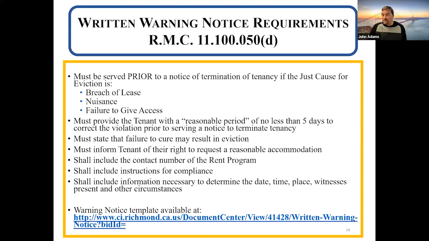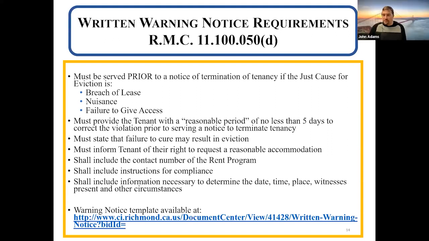If the tenant doesn't comply after these 5 days or the reasonable period, then the landlord may proceed to the next phase of the eviction, which is a notice to cease or quit. Si los inquilinos no responden en esos 5 días, entonces después el propietario puede continuar al segundo paso, que es el aviso de terminar.